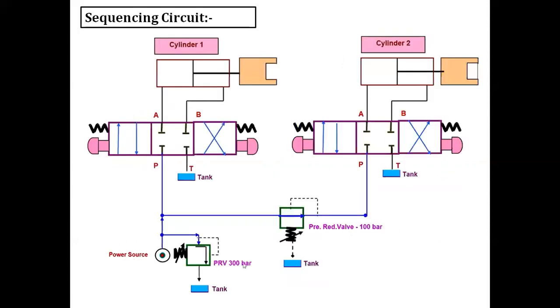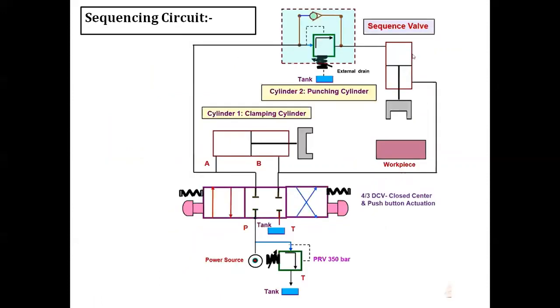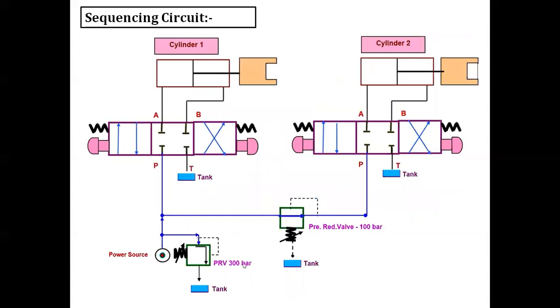Sequencing hydraulic circuit. Sequencing circuit, cylinder 2, A to P, B to T. This is sequencing circuit.